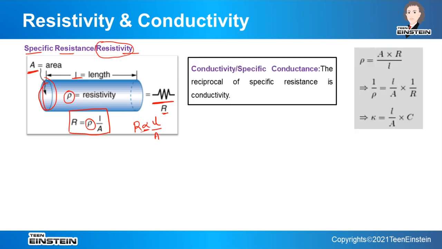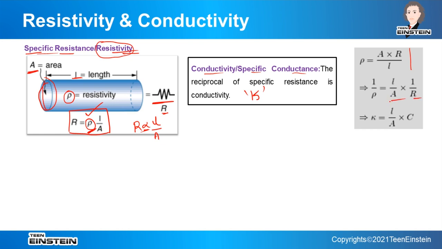Next is conductivity. As you have seen, resistivity can also be called specific resistance. So conductivity can also be called specific conductance or sometimes specific conductivity. What is conductivity? It is nothing but the reciprocal of rho. So it is simply 1 by rho, and it is denoted by the sign kappa. It is not K, it is kappa. From this relation you can see rho is equal to AR by L. So 1 by rho will be L by AR.